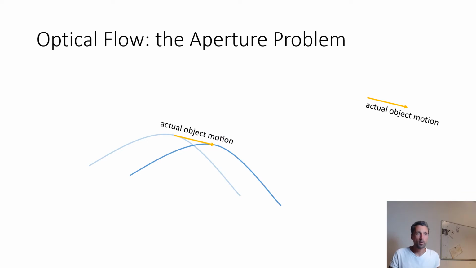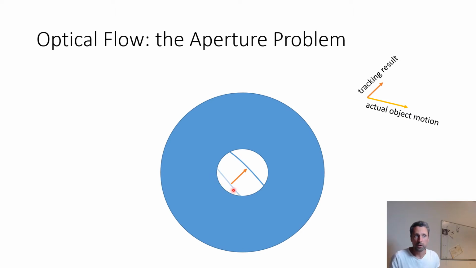Now, why is that called the aperture problem? Well, if you consider this object here and it's moving from the previous time point to the current time point about this vector here, but then you would just consider a small image region around maybe that position here, it appears that the object moved almost in a perpendicular direction.